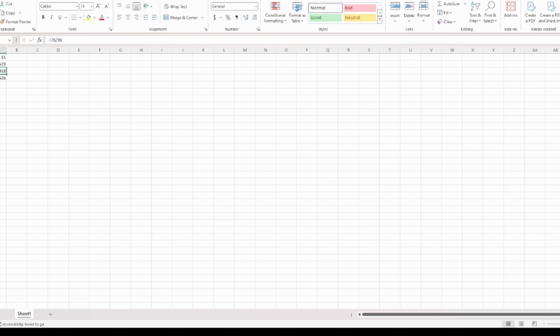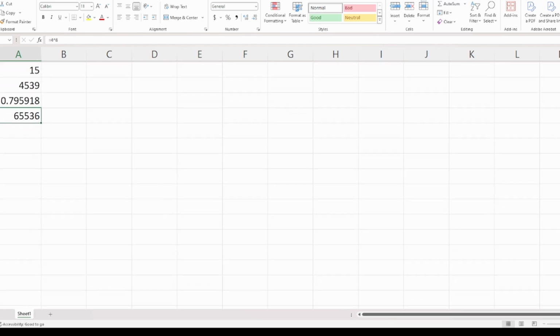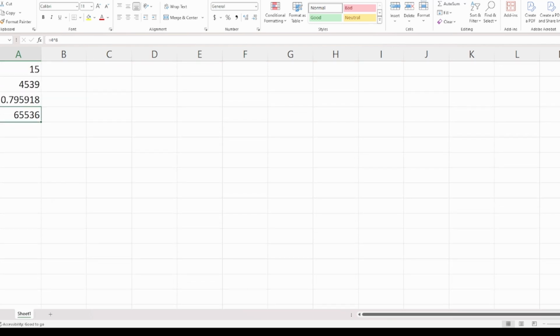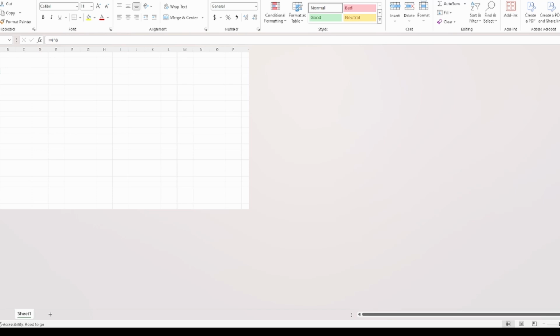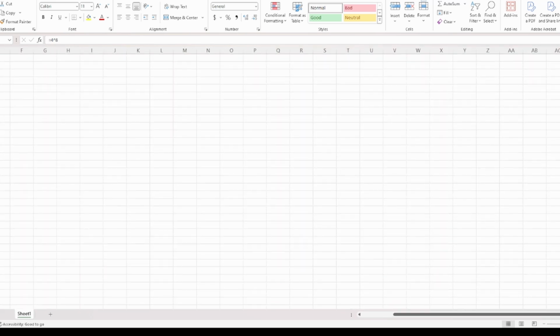If I scroll back over the particular box, it will tell me what the formula is up in the function box, and it will also give me the answer.